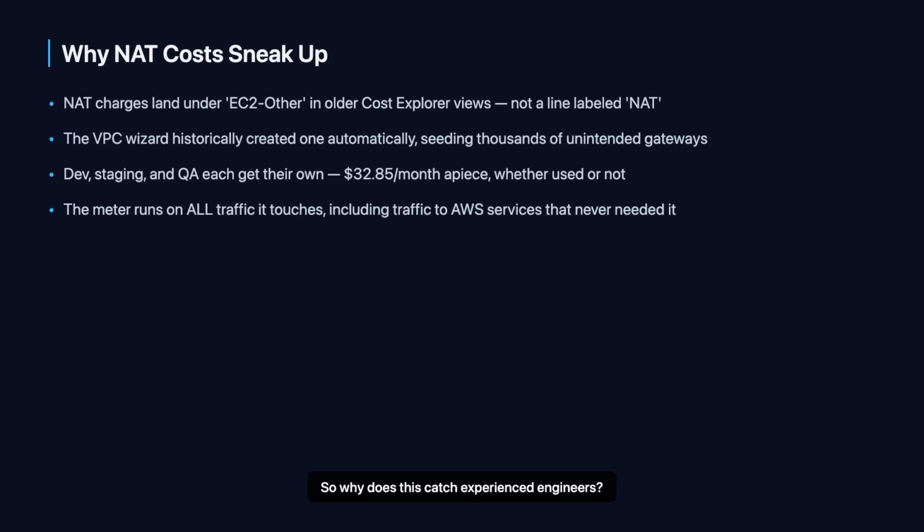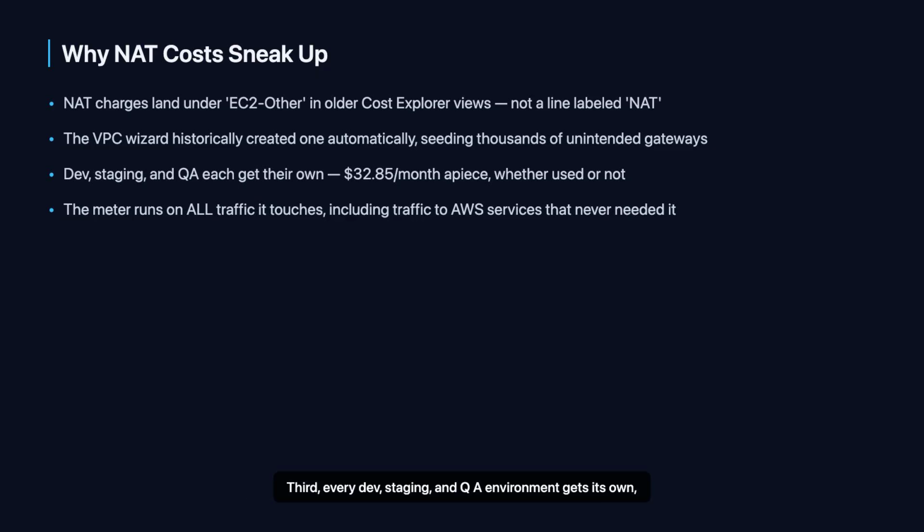So why does this catch experienced engineers? A few reasons. First, in older Cost Explorer views, these charges land under a label called EC2-Other, not a line that says NAT Gateway, so they're genuinely hard to spot. Second, the VPC wizard historically created a NAT gateway automatically, which seeded thousands of unintended gateways across accounts.